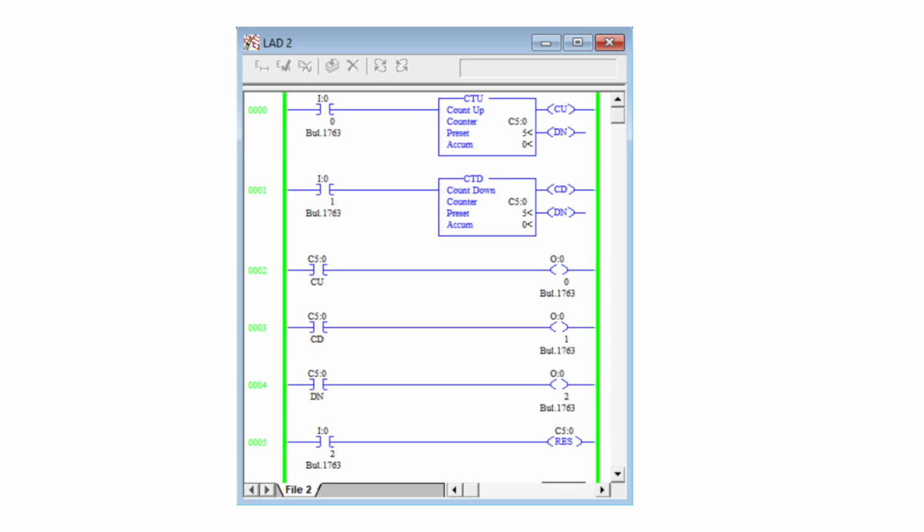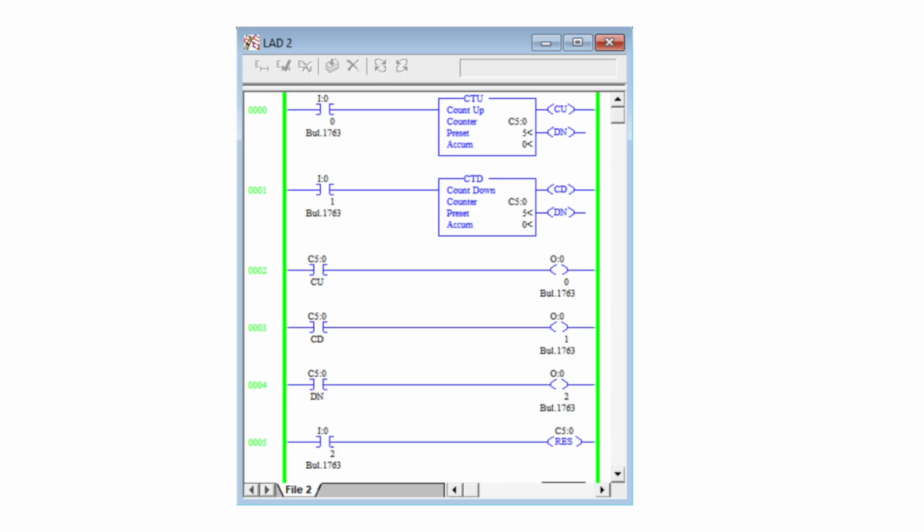And in the next rung you can see my done bit. Done bit means the counter done bit, for both the up counter and the down counter, because the done bit is the same for the up counter and down counters, right?